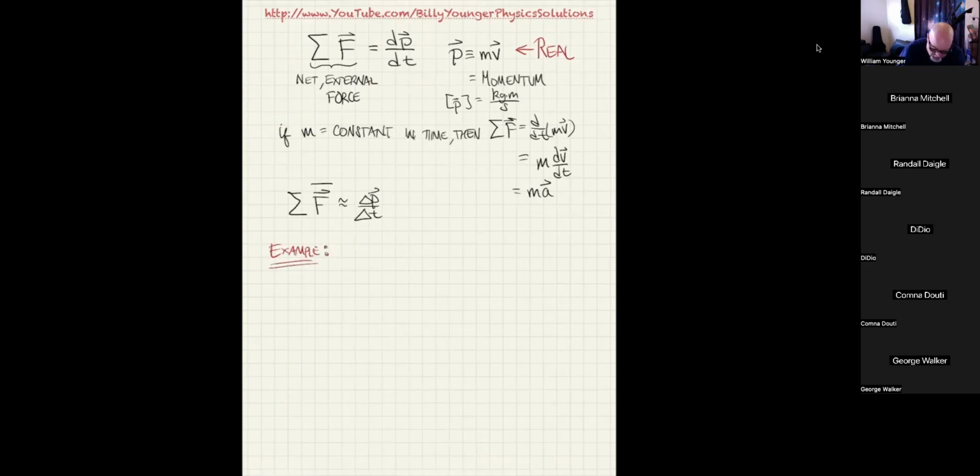So a typical tennis player, at least when the 4th edition of the textbook was written, a typical male tennis player would hit a serve at 120 miles per hour, which is about 55 meters per second. That's pretty darn fast.